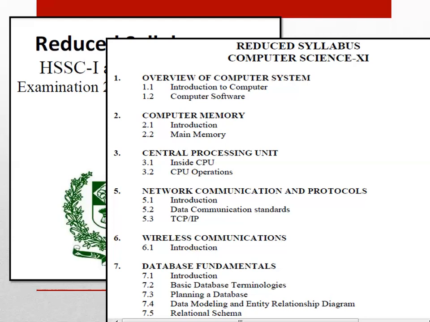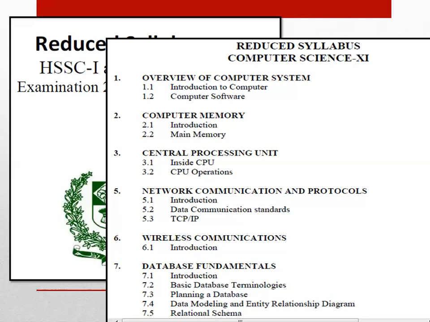And chapter number 4, inside the system unit: we did not have chapter number 4 in this reduced syllabus, and we directly jump to chapter number 5. Chapter number 5 is network communication and protocols. The topics included are 5.1 introduction and network communication, then data communication standards, and 5.3 TCP/IP.